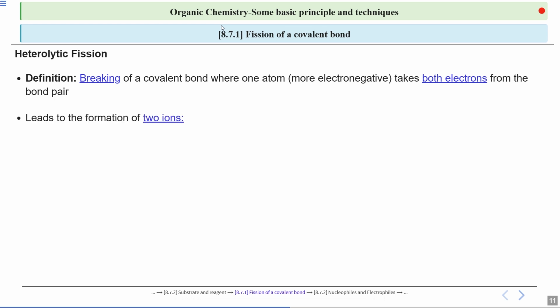As a result of this fission, we get 2 ions. The first one is carbocation. You can see in this example that your CH3 is getting a positive charge because the electron is lost from it and moved onto the bromine, which is making a Br negative and a methyl carbocation.